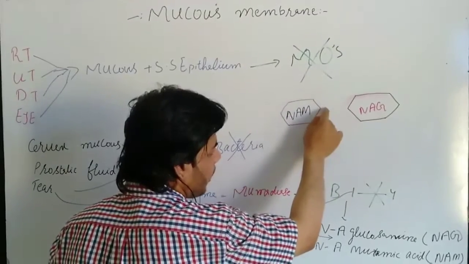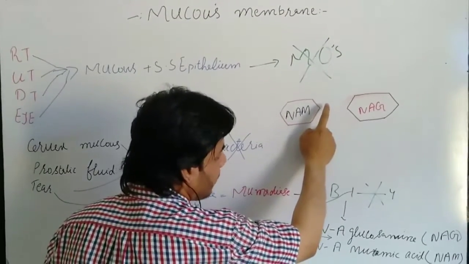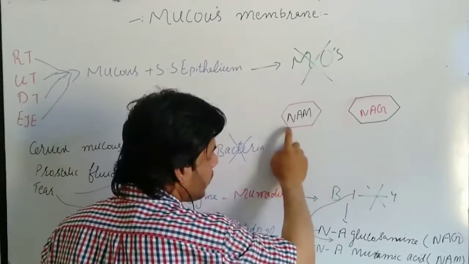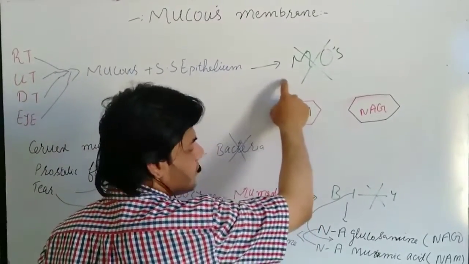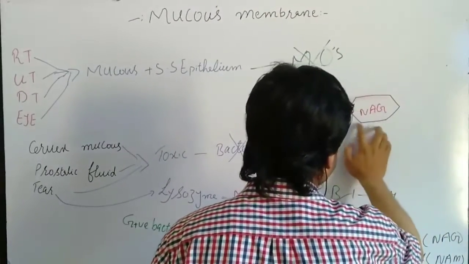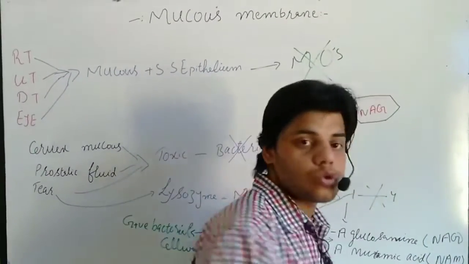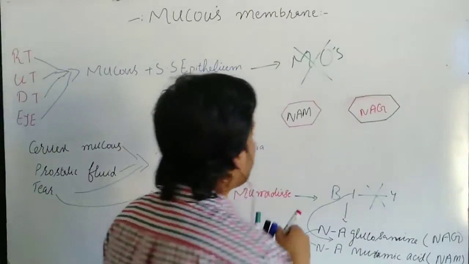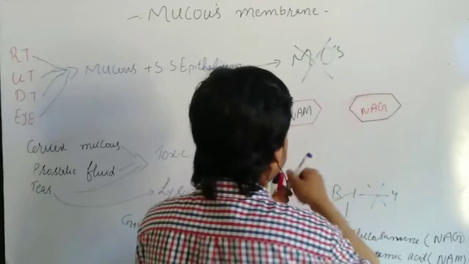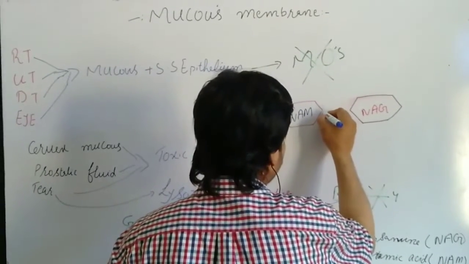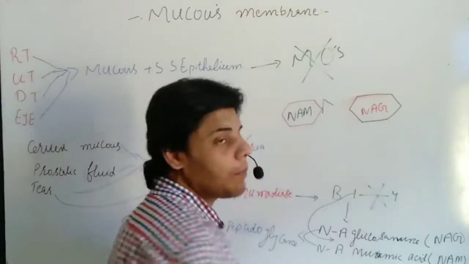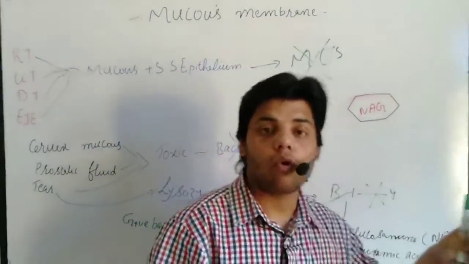The carbon number 1 starts from this point. Carbon number 1, 2, 3, 4, 5 and then 6, and again 1, 2, 3, 4, 5 and 6. So how is the bond formed? This is carbon number 1 of NAM. The carbon number 1 of NAM usually makes a bond with carbon number 4 of NAG.